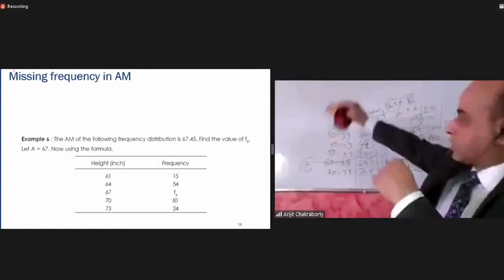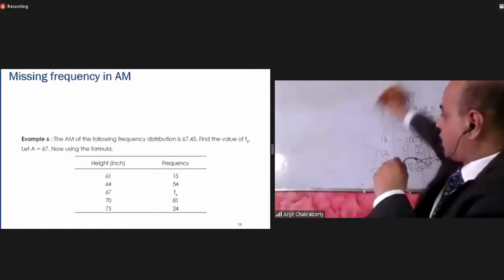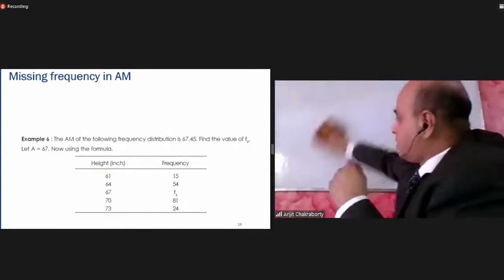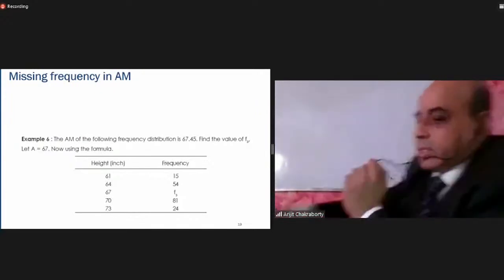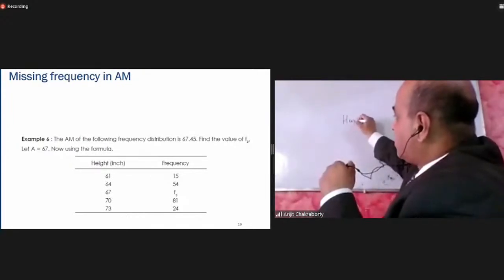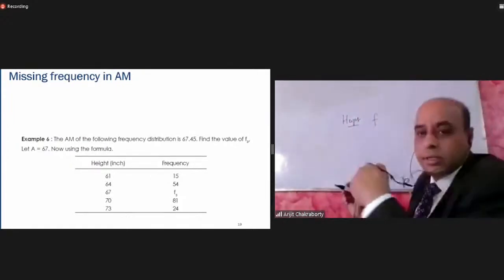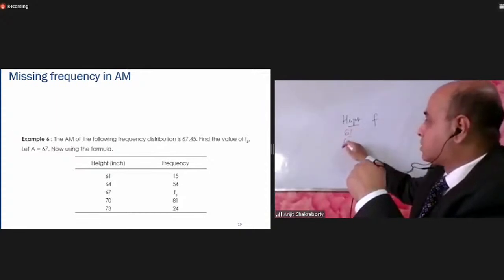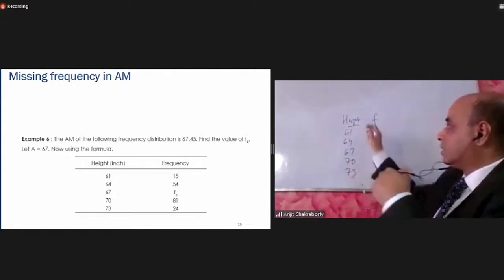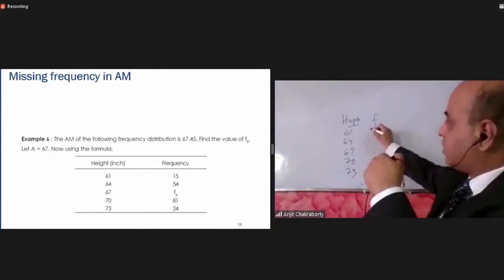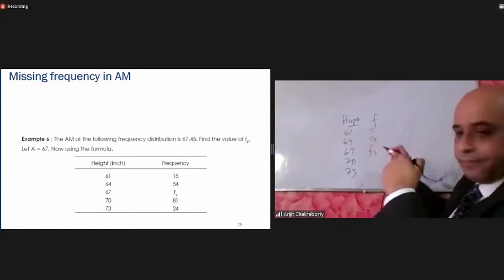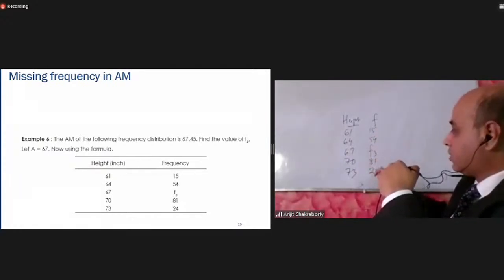I'm writing this question and I will request you to write it with me and let us solve it together. We will have to create an equation. So I'm writing the height and frequency. The heights are 61, 64, 67, 70 and 73, and the frequencies are 15, 54, F3, 81 and 24.